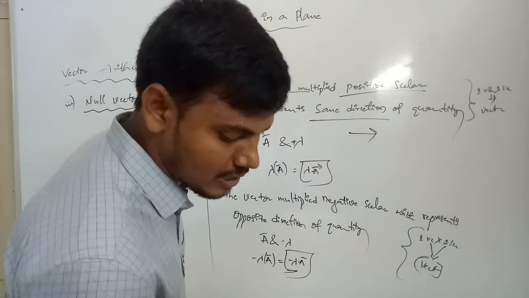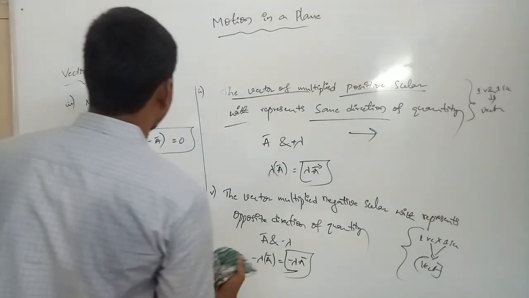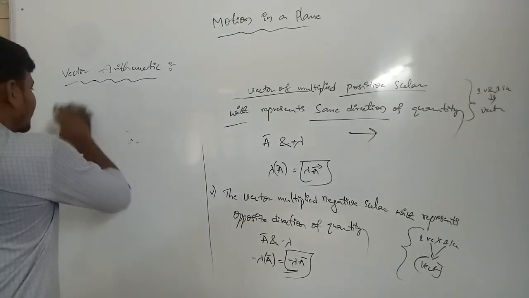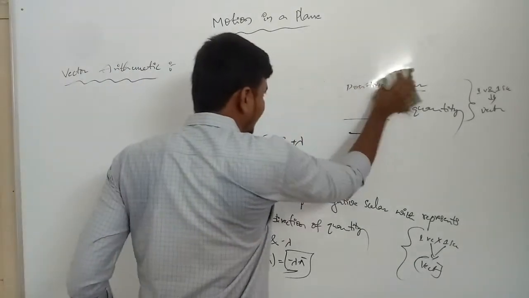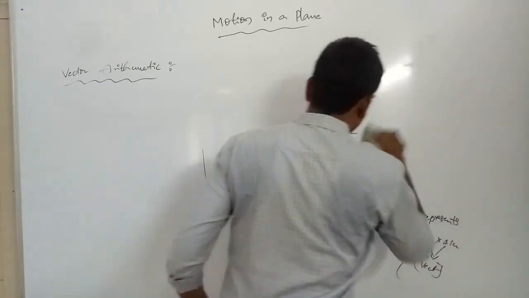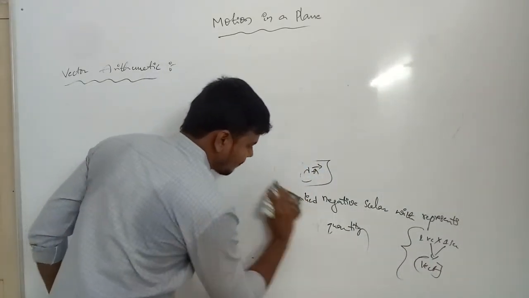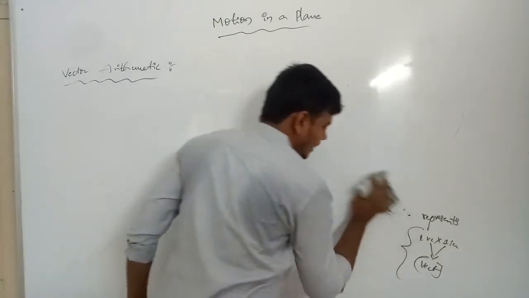Now the next one, and the last arithmetic property, is the parallelogram law. What is the parallelogram law? It involves two vectors.